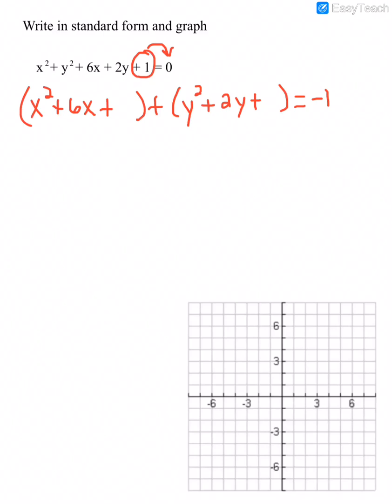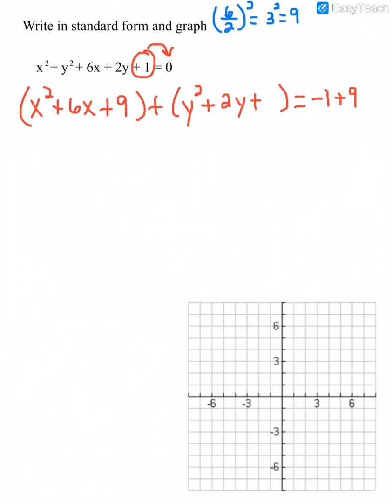It's b divided by 2, squared. In my x group, what is my b? It would be 6. So 6 divided by 2 squared: 6 divided by 2 is 3, and 3 squared is 9. So I need to add 9 to my x group and to the other side of the equation.